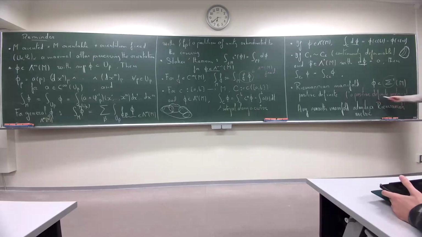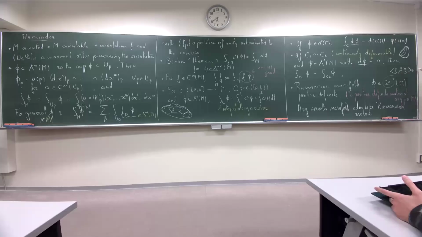But what you should keep in mind is that at every point of the manifold, you have a matrix which is positive definite. And positive definite means something like this. Your matrix applied on a vector takes the scalar product with the vector itself. This is the scalar product of A xi with xi.